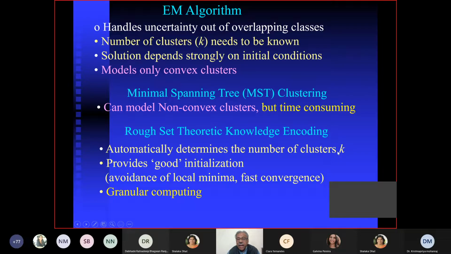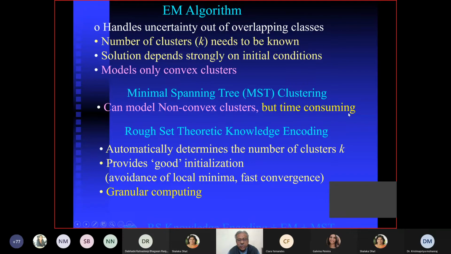Therefore, with K, I have an idea that provides good initialization. So therefore, avoidance of local minima, faster convergence, and I can use granular computing. That way, I forget about data. I work only based on these granules.